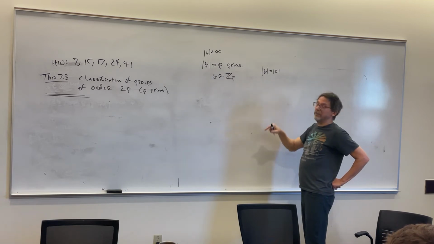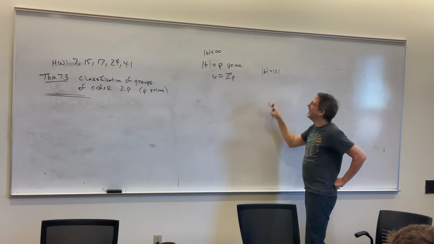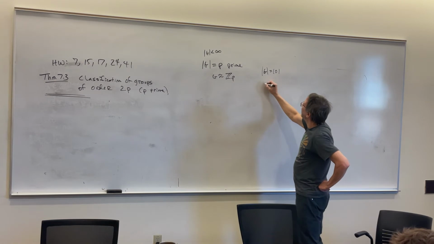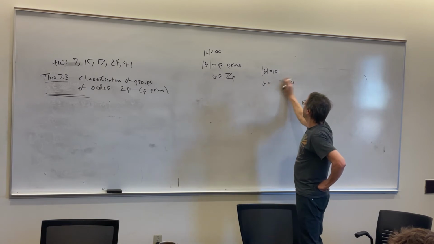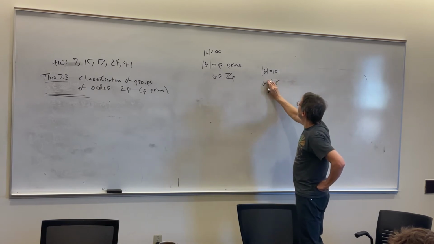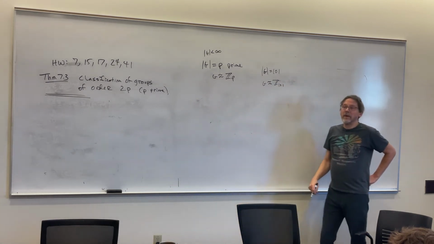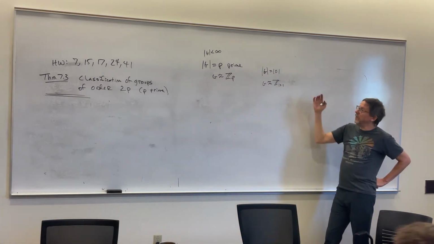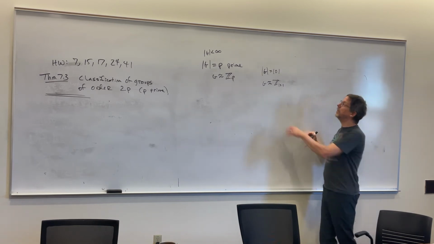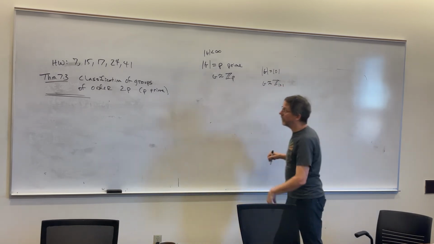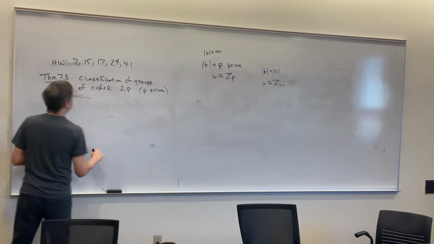I think that's prime. So G is just isomorphic to Z 101. If the group order is prime, you know the group, you own the group completely. You can figure out everything based upon this simple observation.